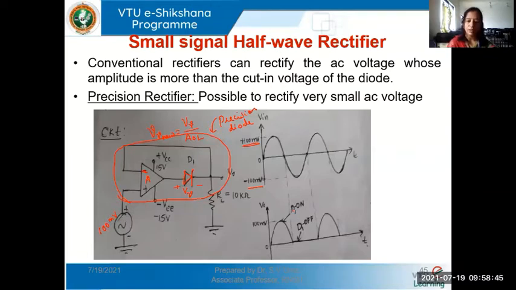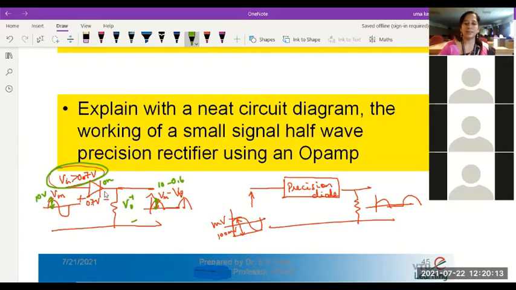Hence, this is the behavior of a precision rectifier or a precision diode circuit. With an ordinary diode, the output voltage will be V gamma less than the input, and we will not have the rectification action until the input voltage is more than 0.6 or 0.7 volts for a silicon diode.